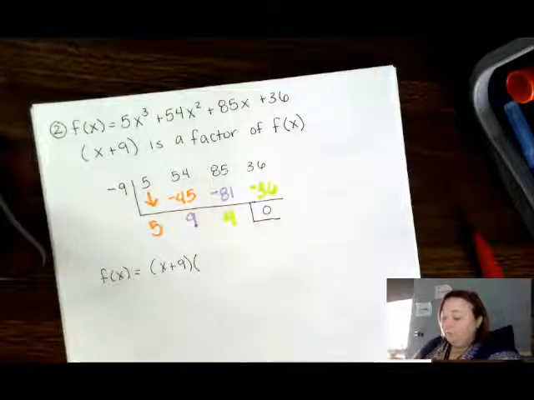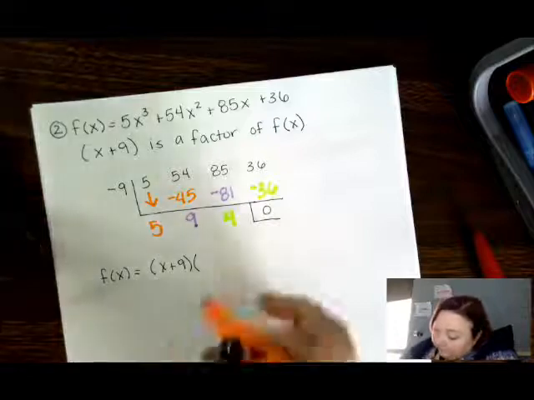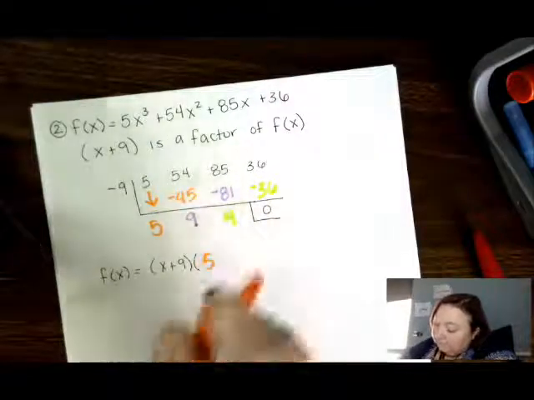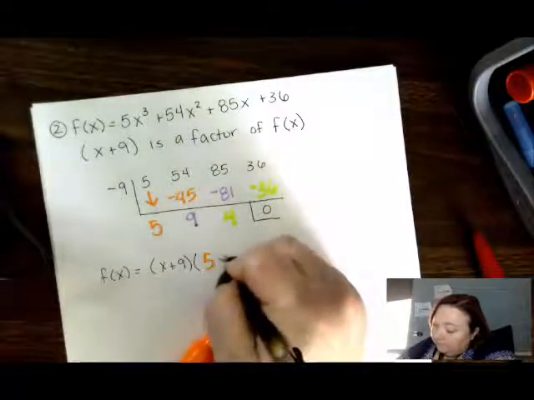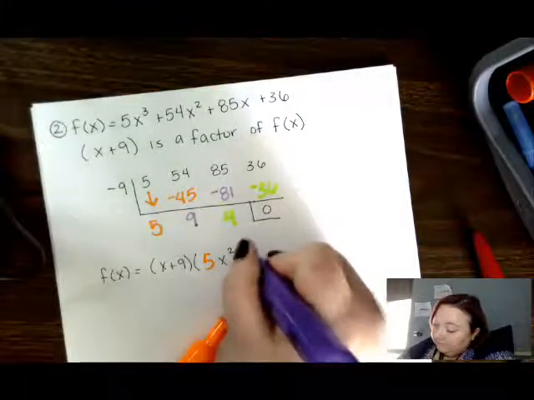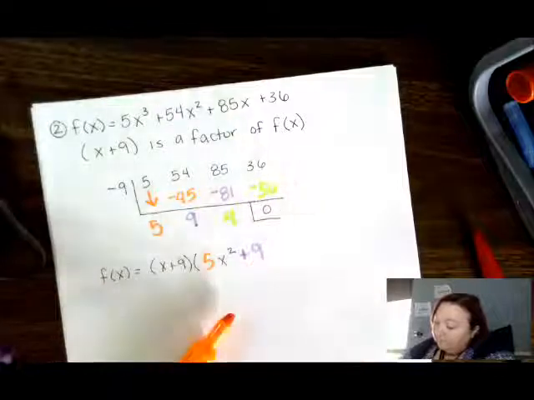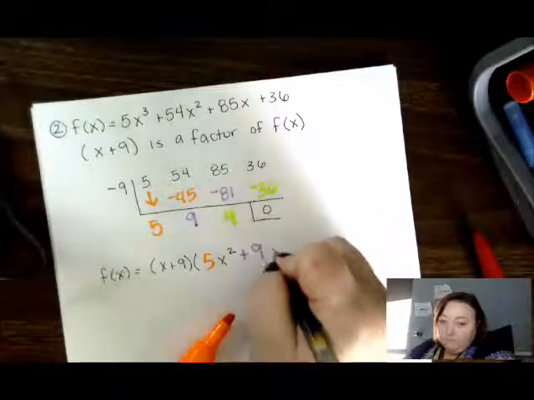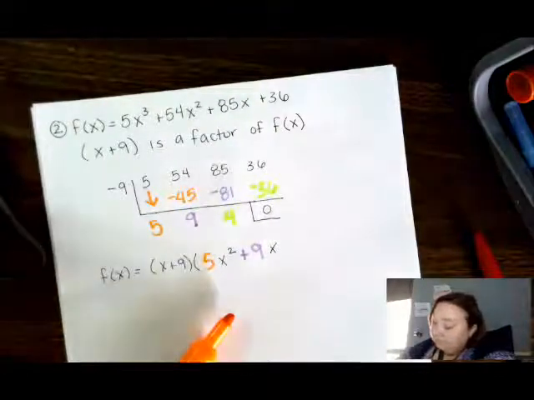And we're going to be left with 5x squared plus 9x plus 4.